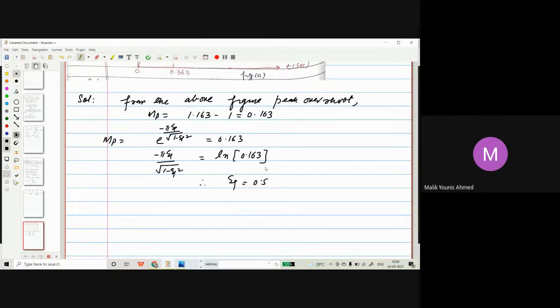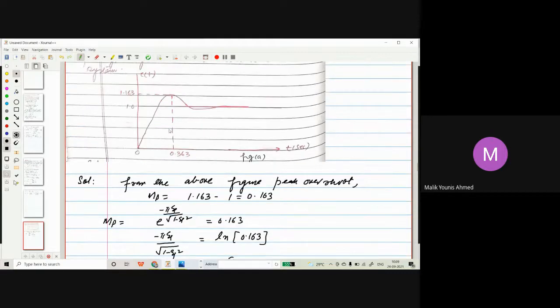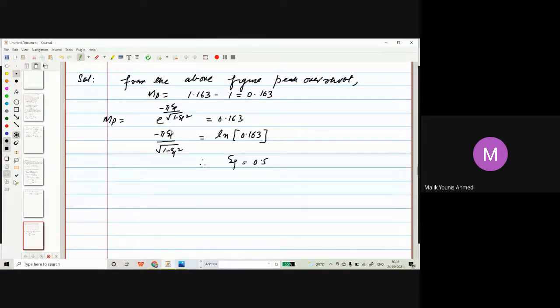So again, the second thing given in the graph is the peak time. Also, from the figure we can find the peak time.